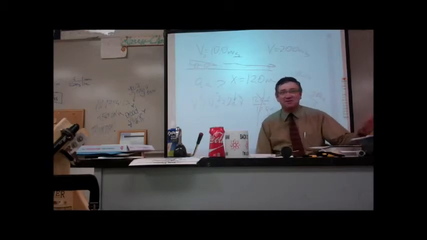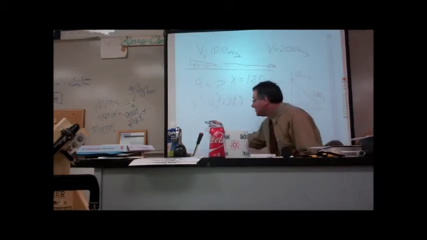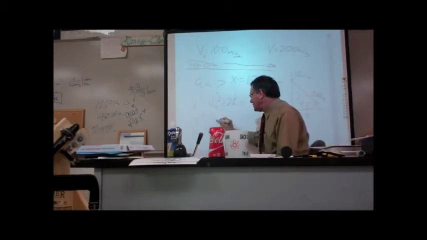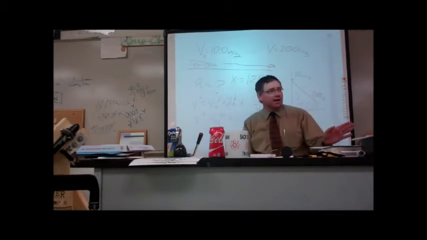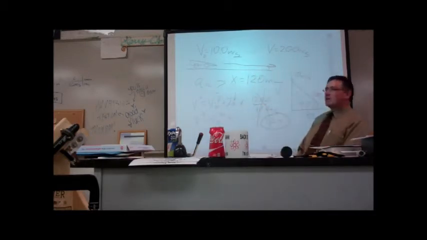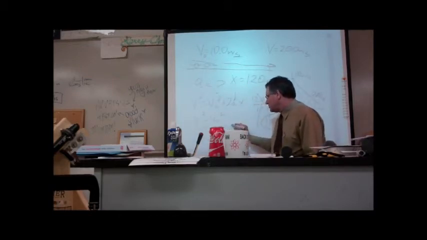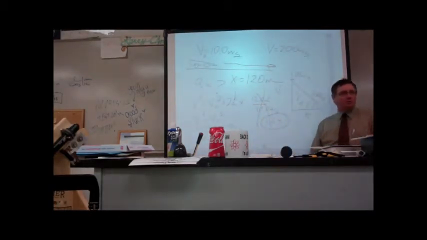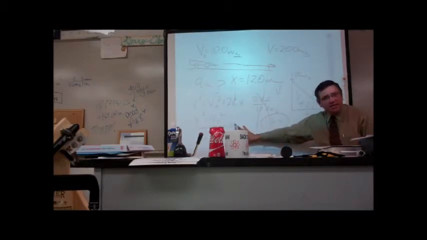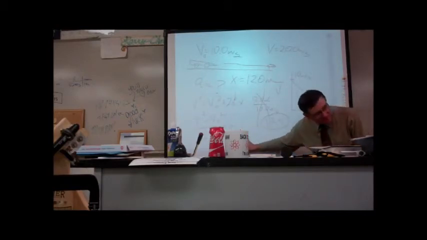What's the first thing I'm going to do? So I'm going to have v squared minus v naught squared. Okay, that's cool. Now what? Divide by 2x. That's going to equal my acceleration.